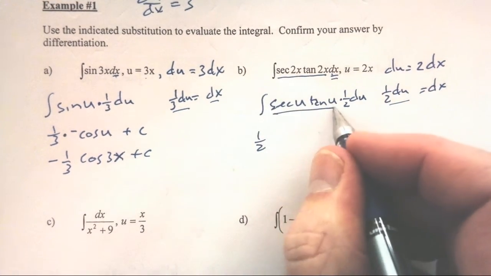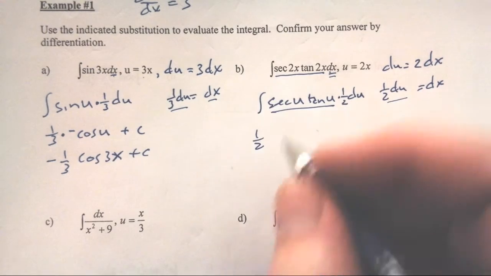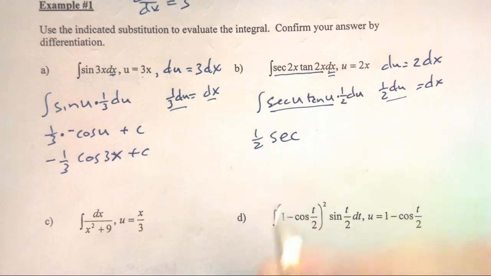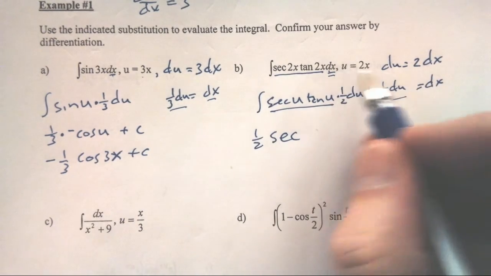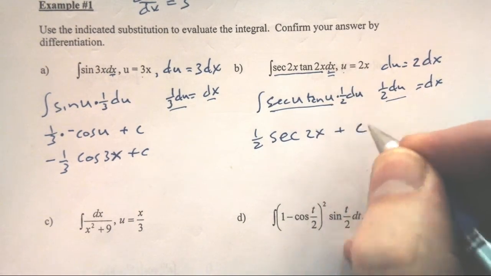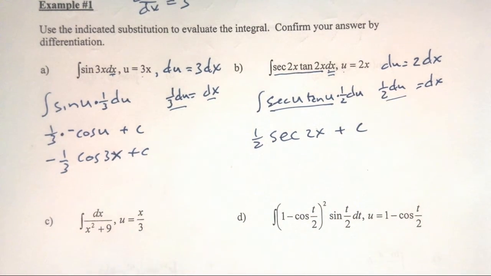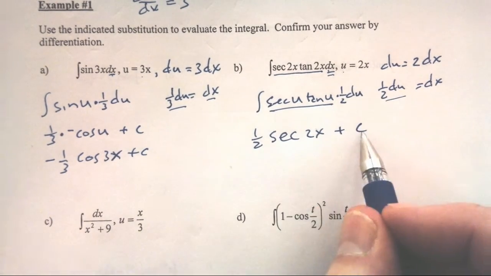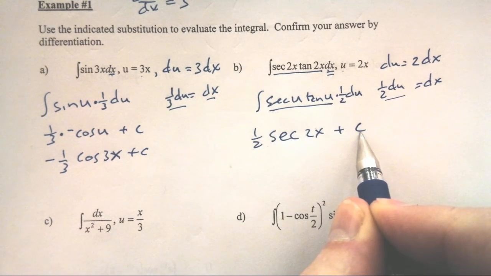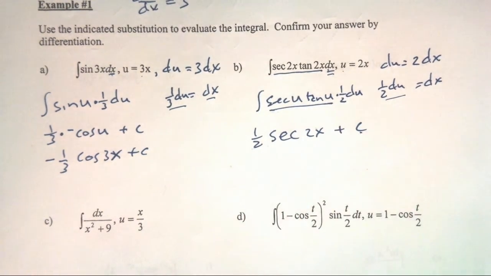The derivative of what gets us to secant u, tangent u? That is secant u. But u is 2x plus c. Why plus c? Well, because if I take the derivative of this, I get back to here, the derivative of c becomes 0. See, we could have any number on there we want.